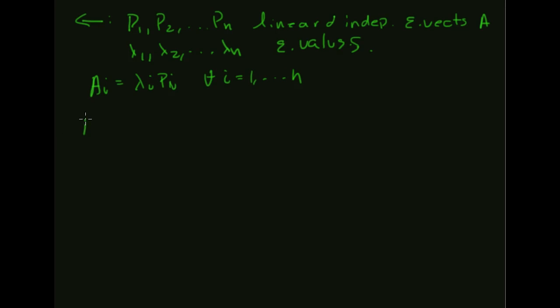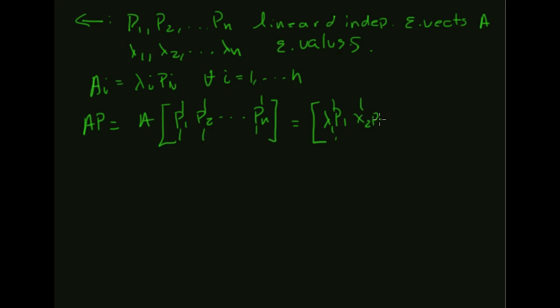This means that the matrix AP is A times these P columns, P1, P2, out to Pn, which we know also has to be lambda 1 P1, lambda 2 P2, out to lambda n Pn, because this is what we showed in the first half.